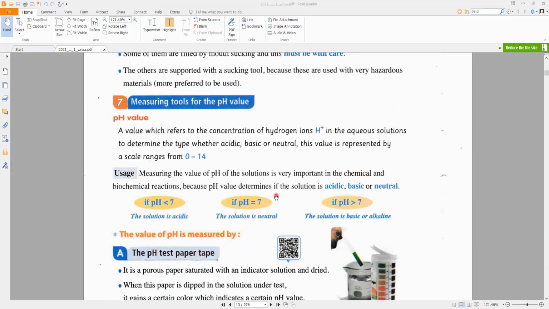Number seven, measuring pH. What's meant by pH? pH means the negative log of base 10 of the concentration of hydrogen. Again, pH means the negative log of base 10 of the concentration of H positive.